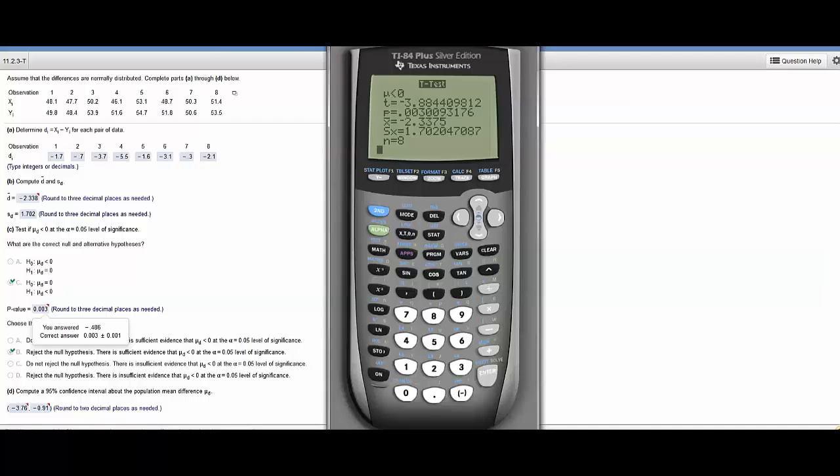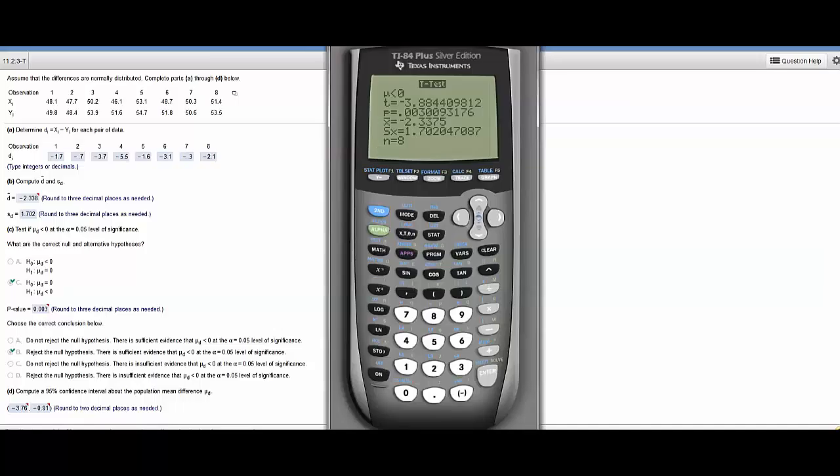What this p-value tells me is that 0.003, or less than 1% of the time, almost 0% of the time, I would expect randomly to see these 8 numbers that I end up having here, this negative 1.7, this negative 0.7. In other words, it's not random.